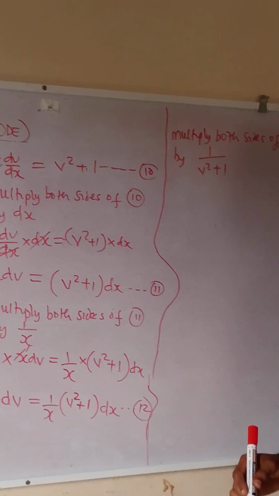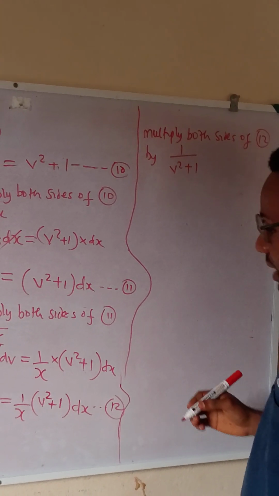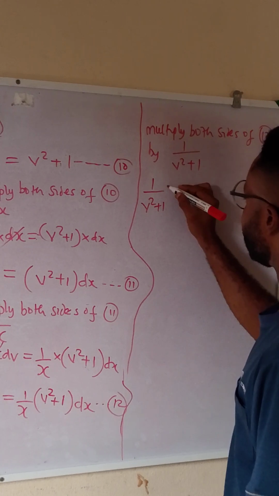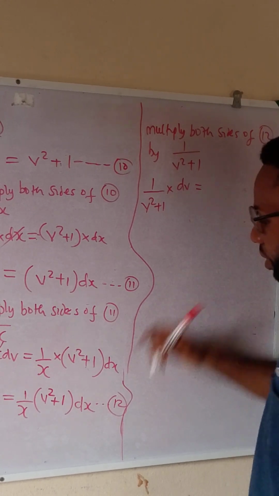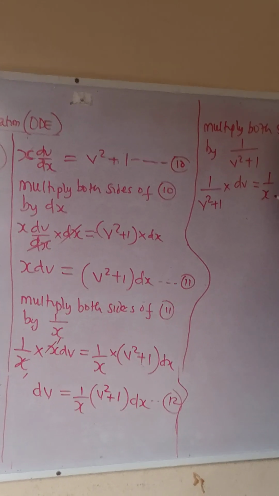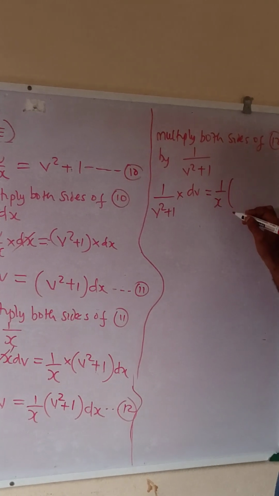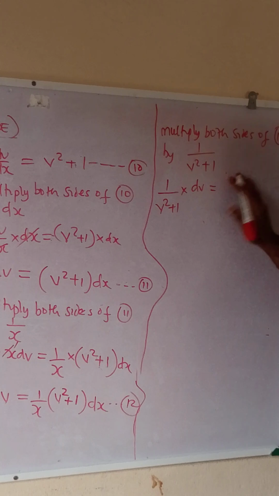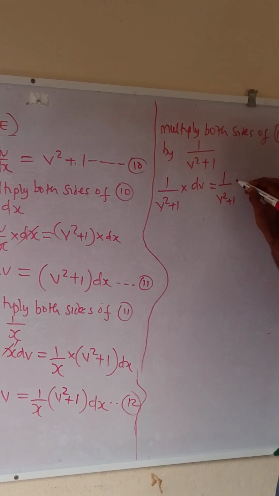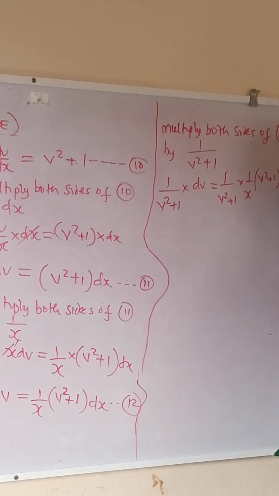So if we implement this mathematical statement, we are going to have 1 over v squared plus 1 times dv equal to, that's for the left hand side. Then for the right hand side we have 1 over v squared plus 1 times 1 over x times v squared plus 1 times dx.